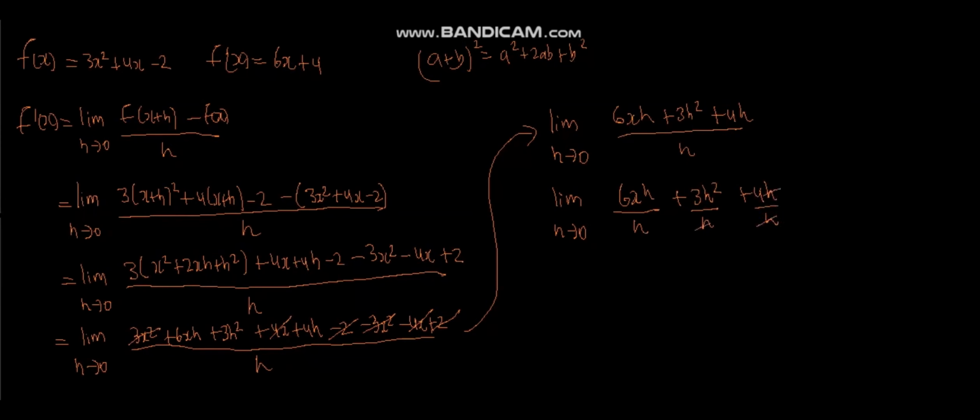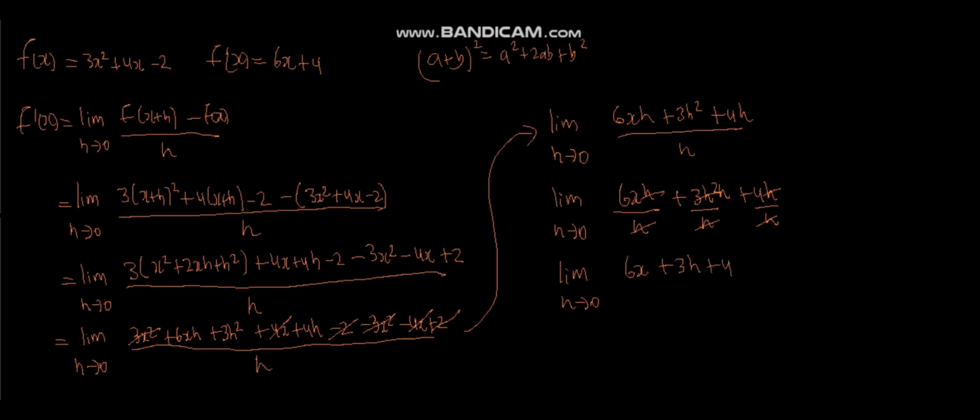Cancel the h's. We would remain now with the limit as h approaches 0 of 6x plus 3h plus 4.